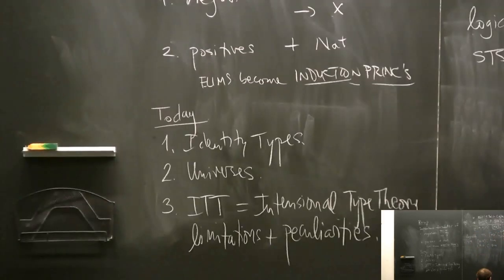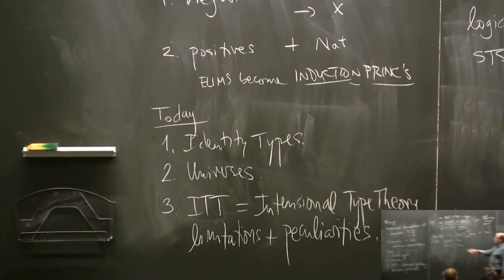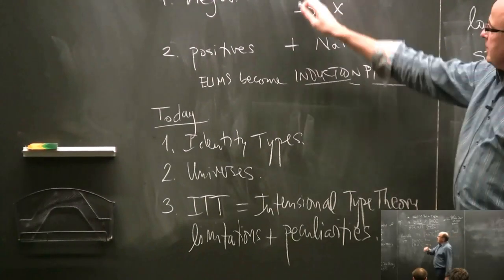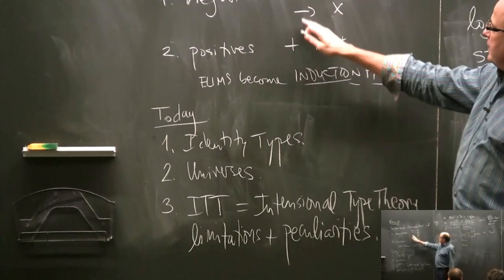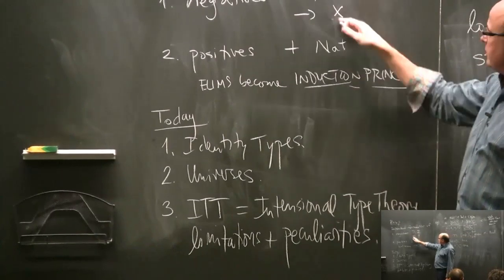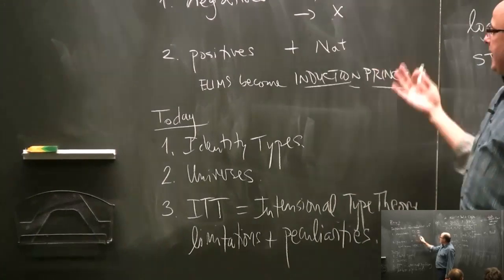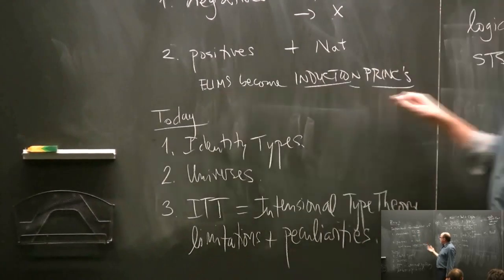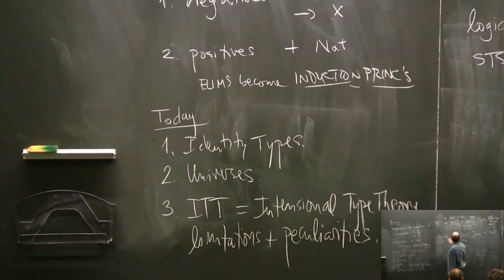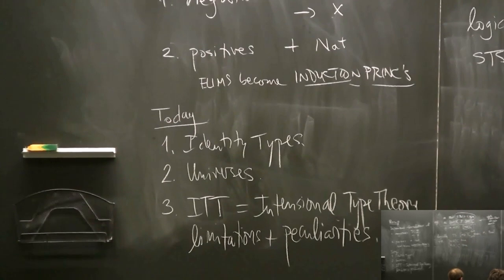So let's go back to the identity type. The way I've set things up is I've talked about generalizing to the dependent function type and the dependent product type, which generalize these things. And we spoke about the elims. We spoke about families of types like this. And the question is, where do these families of types come from?